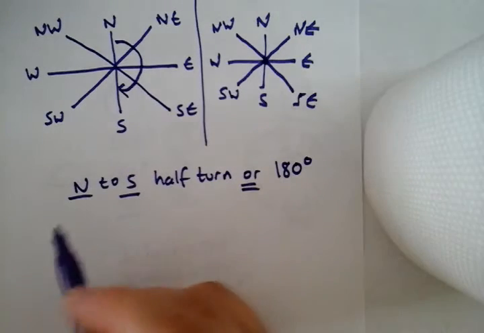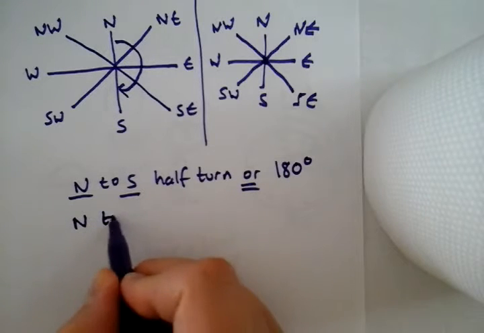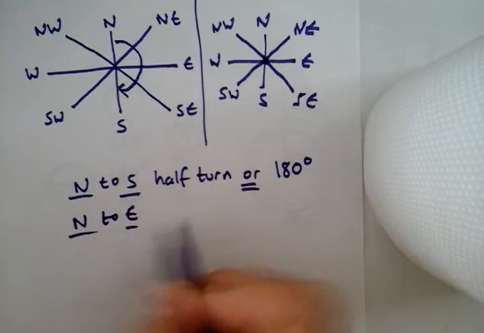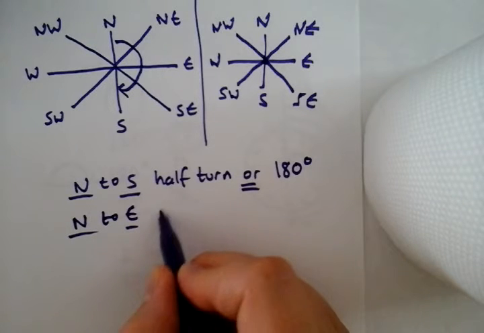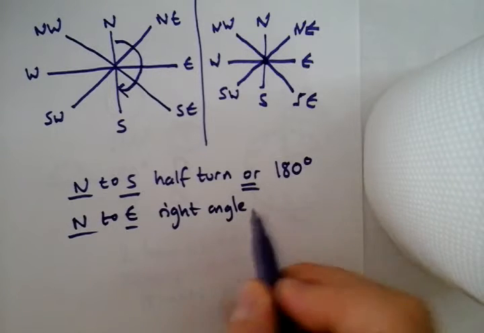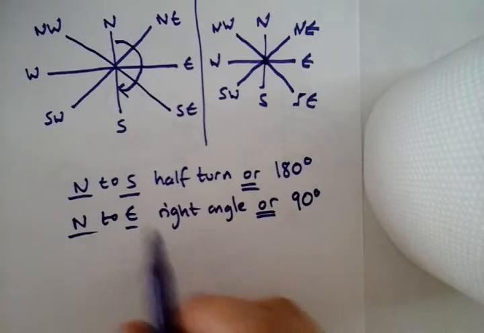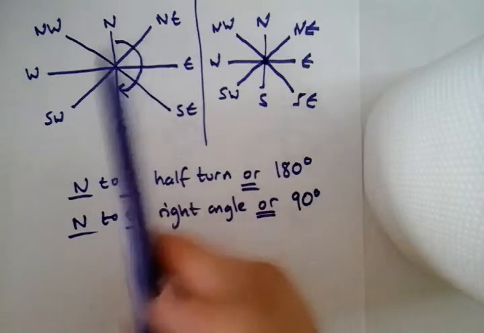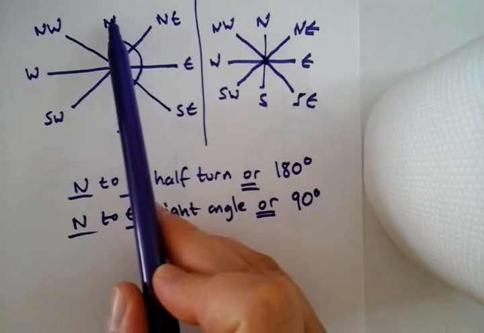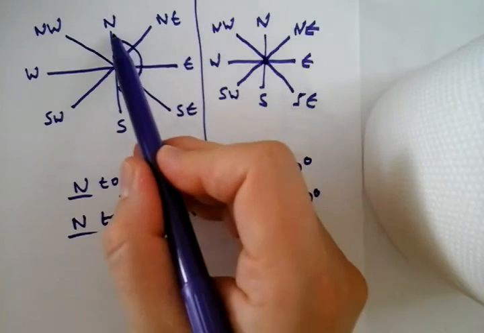Right, the next example that they're giving us is north to east. And they're saying it's a right angle, or it's 90 degrees. So let's look at this. North to east this time. So we're going from north to east. Let's draw the arrow.